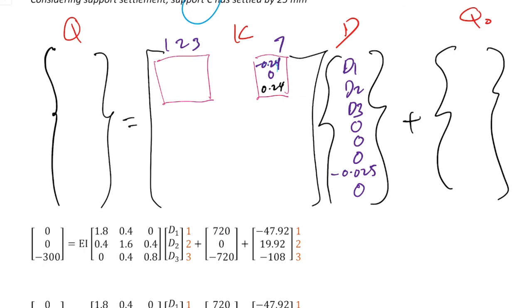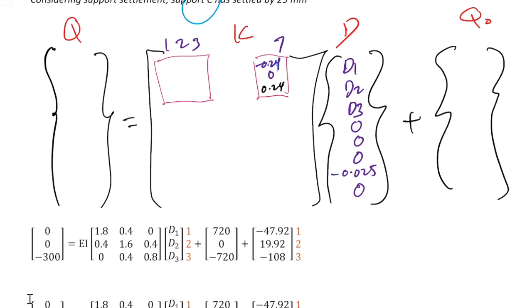Okay, we want to simplify this. It is 0 minus 720 plus 47.92, so we get negative 672.08.